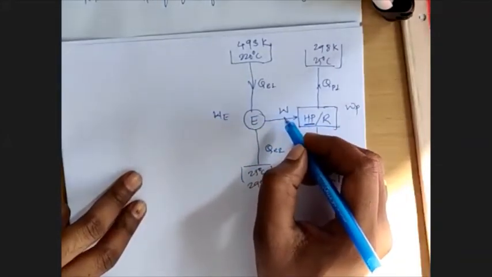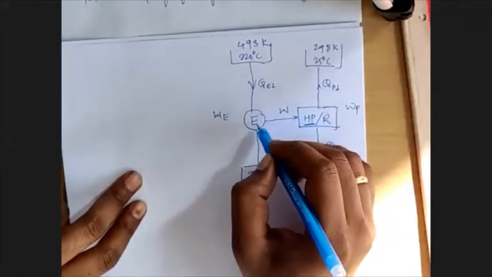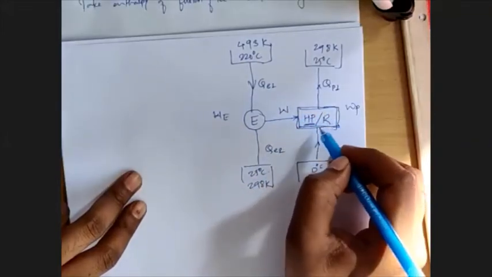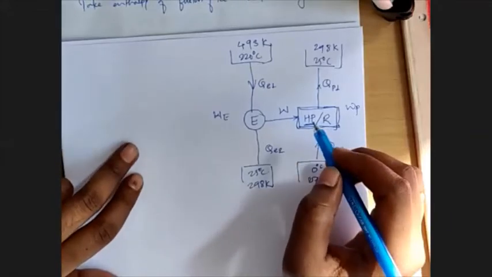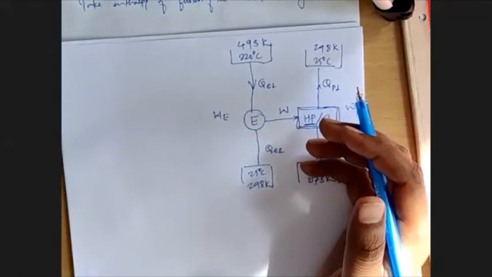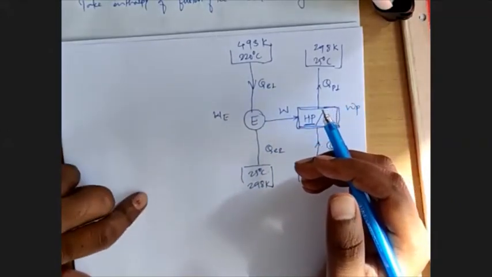Why? Because it is assumed that the engine output is exactly the same as the requirement of the heat pump, because they haven't given any additional work generation. Like in the previous example, there was some extra work being generated by that combined system.